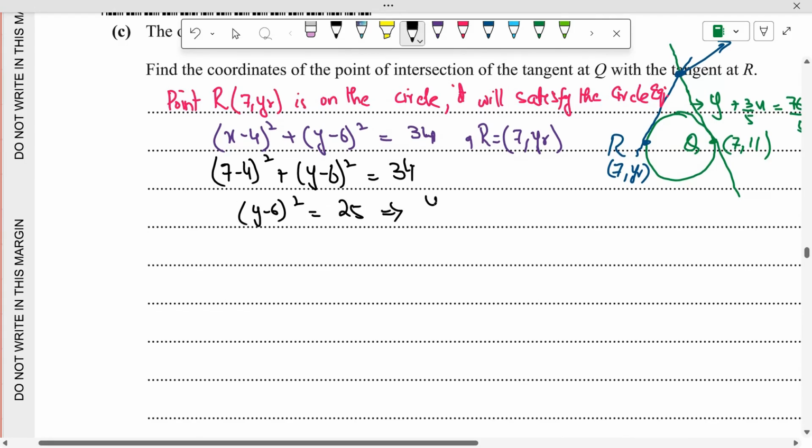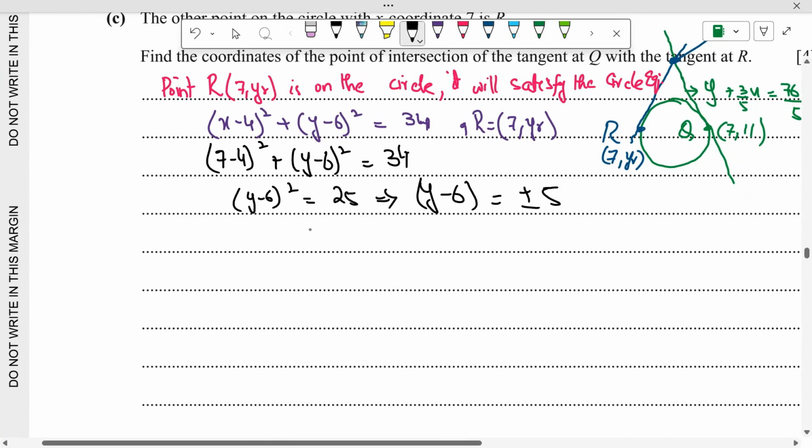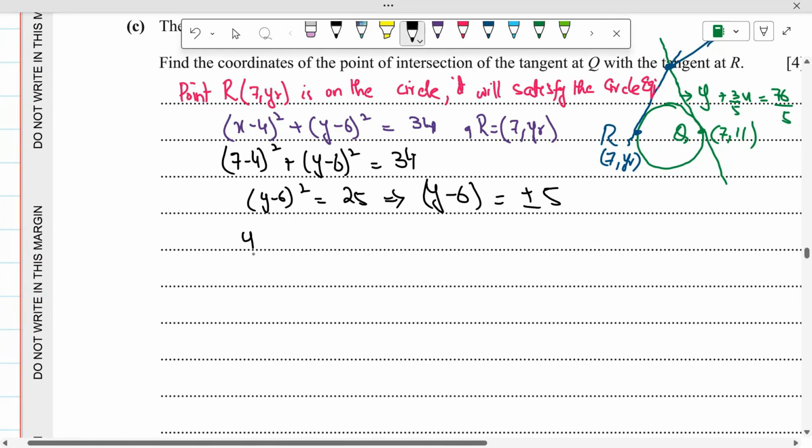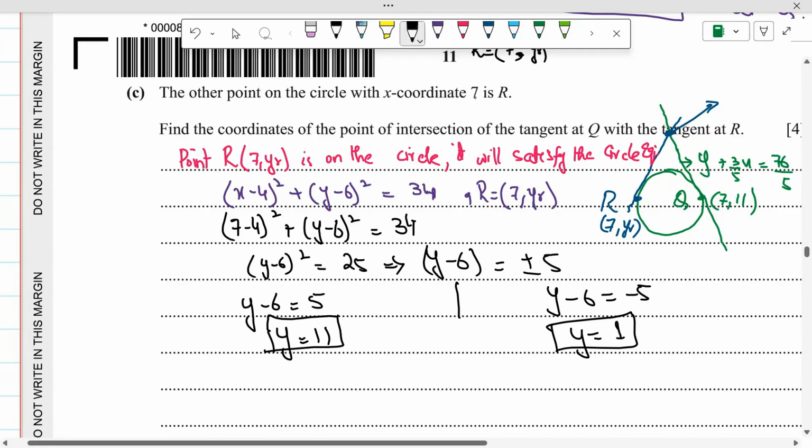Taking the square root, y minus 6 equals plus or minus 5. So we have two values of y: y minus 6 equals 5, and on the other side y minus 6 equals negative 5. So the y coordinate is 11 in this case, and y equals 1 in this case. And we know that the x coordinate of the point is given, which is 7.